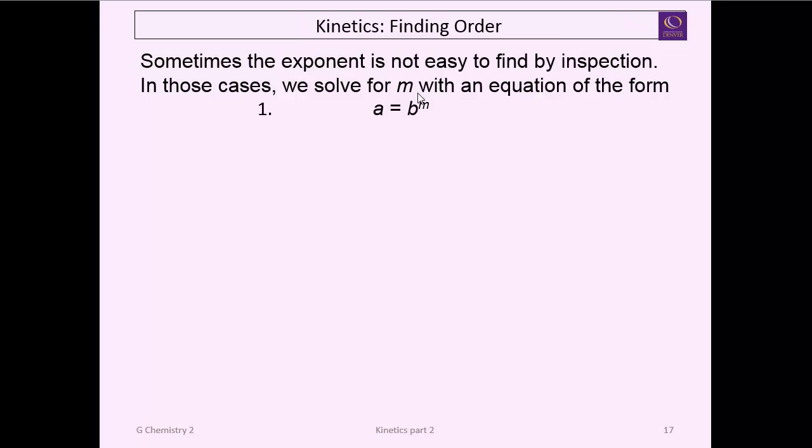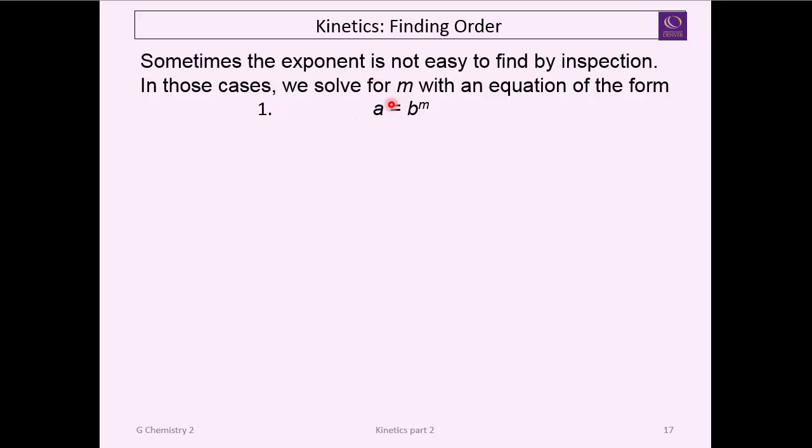All right. So sometimes the exponent is not easy to find by inspection. The ones we just did were simple. You double it, okay, the rate doubled. That must be raised to the power of 1. So here's a little math trick to figure out the order.